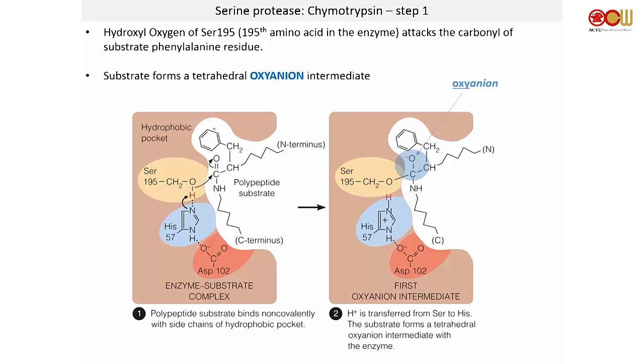Right after my phenylalanine binds, that means that my peptide chain is very close to all of these residues. Right? So your polypeptide substrate enters the active site. Now, since you have this negatively charged oxygen, this aspartate, it's going to grab this hydrogen. So hydrogen is going to go towards this direction. Okay, the hydrogen is sort of towards the oxygen.